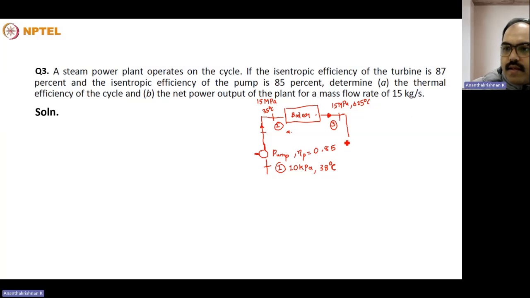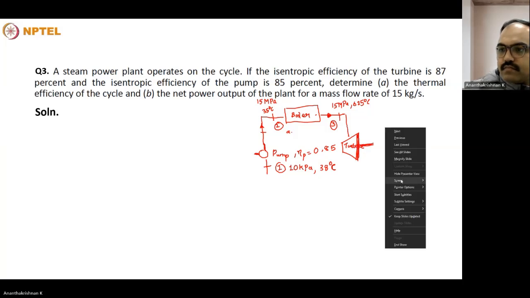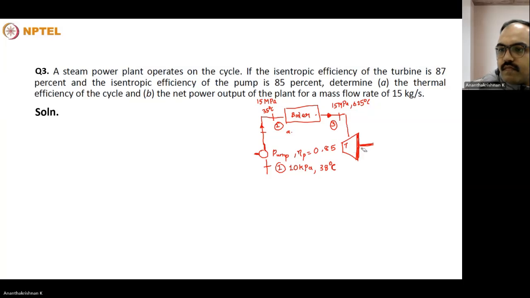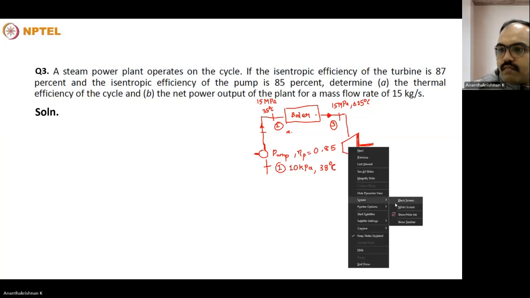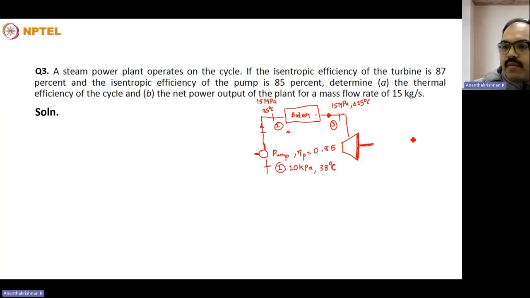At 15 megapascal, then turbines, where the high pressure steam will be expanding to produce work. Then efficiency of the turbine is 0.87, and then state 4 will be at the exit, and it will be at 10 kilopascal.